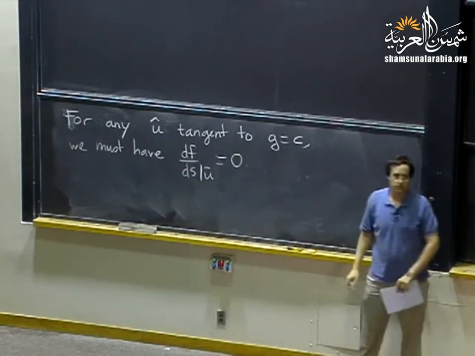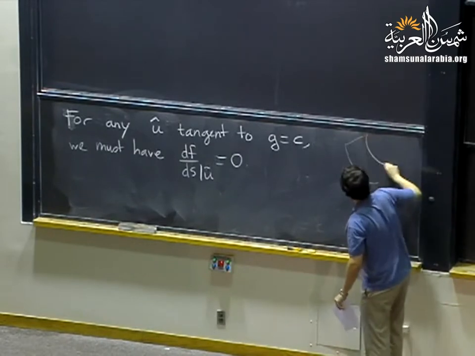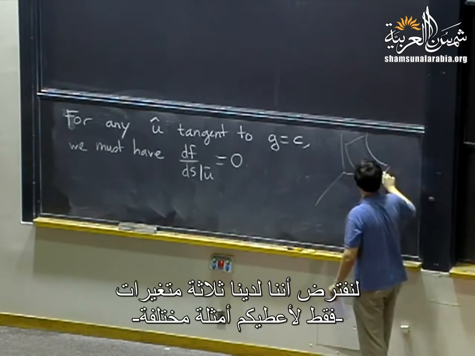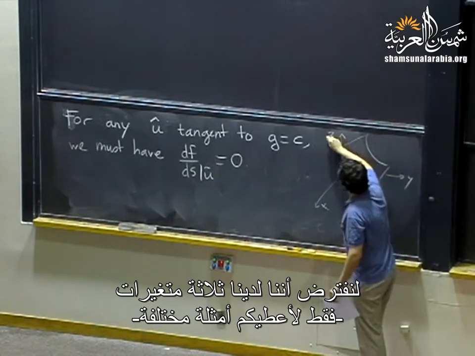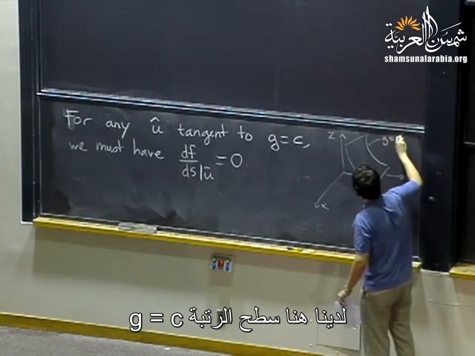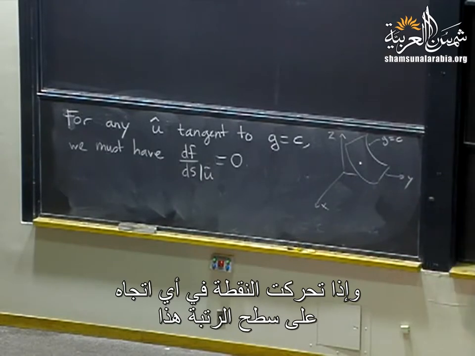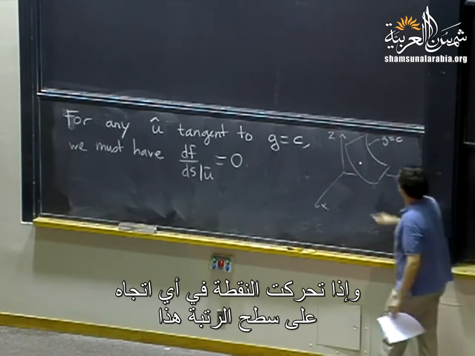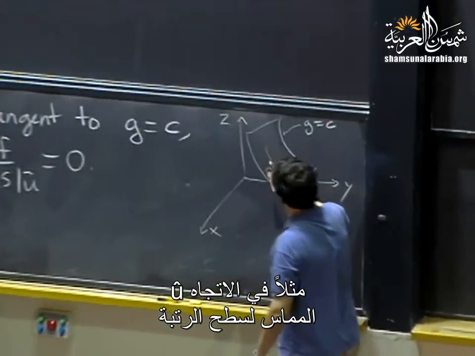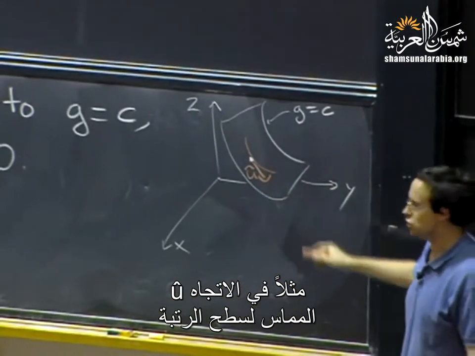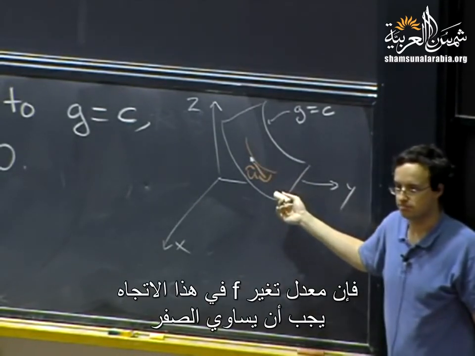Let me maybe draw a picture. Let's say now I'm in three variables, just to give you different examples. Here I have a level surface g equals c. I'm at my point, and if I move in the direction u that's tangent to the level surface, then the rate of change of f in that direction should be 0.